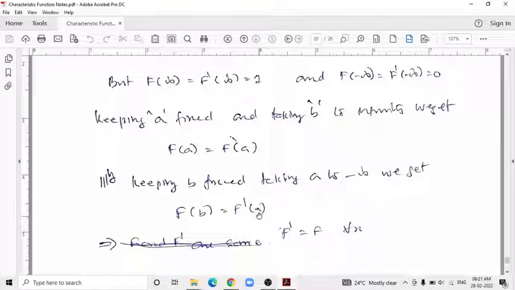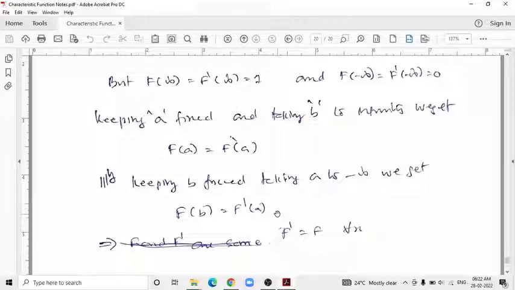So it means that F and F dash are equal for all x. Therefore, there is a contradiction to saying both F and F dash exist. Since they are equal, it is uniquely determined. So this characteristic function uniquely determines the distribution function. So the forward and backward parts of that statement are true.